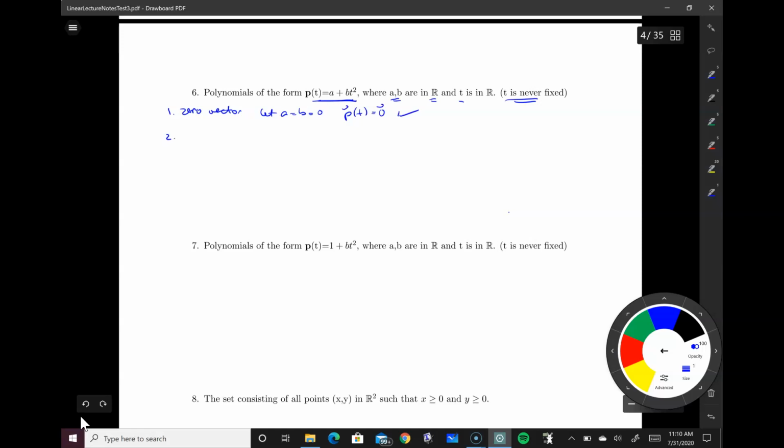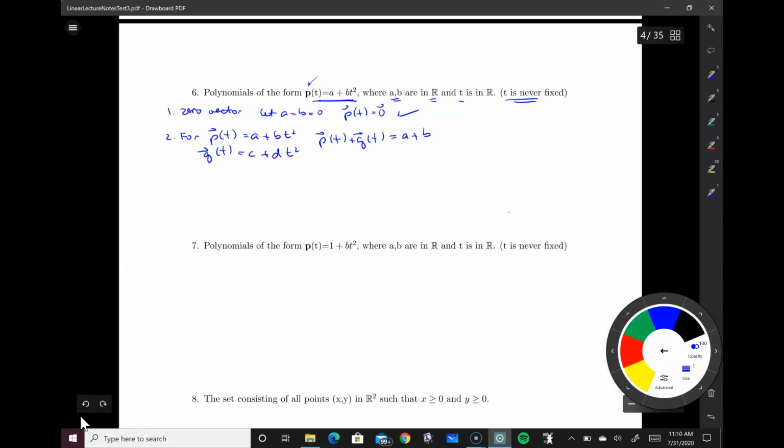How about if I have 2 vectors in the space, so p of t equals a plus bt squared, and q of t equals c plus dt squared. If I add the p and the q, and I really should be putting hats on the p's and the q's because they're bold when I print them here, that means they're vectors.